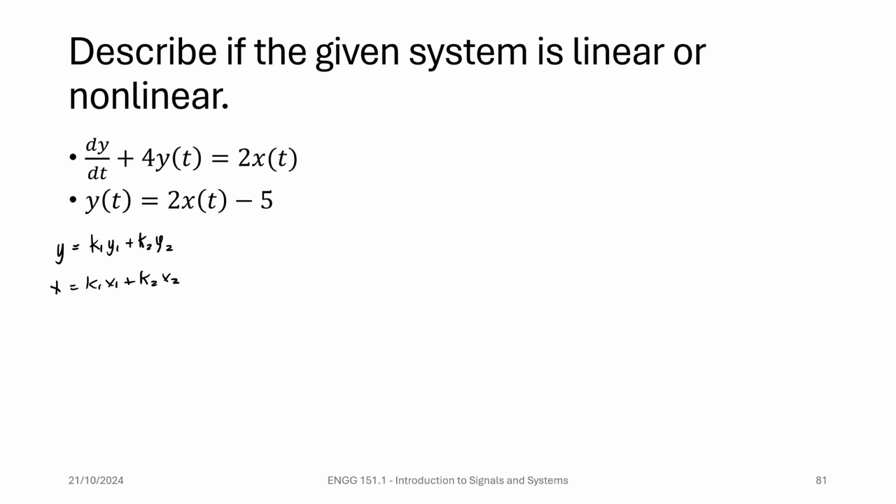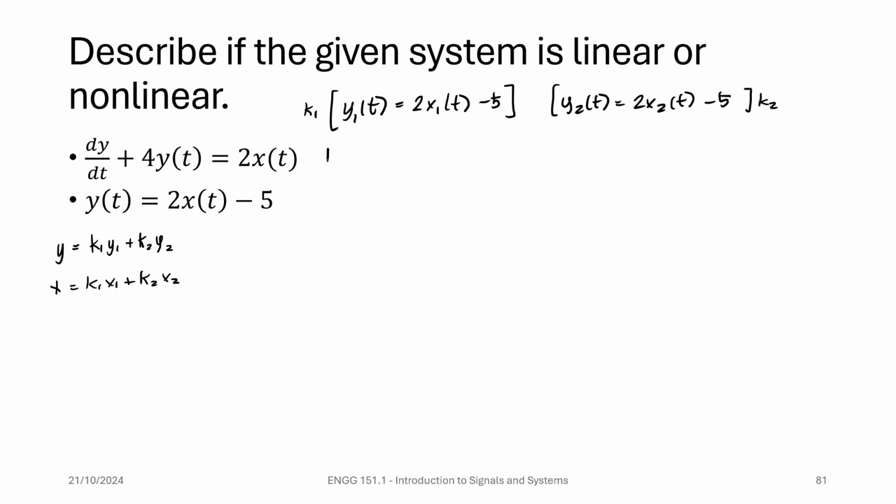Okay, now let's substitute y of t and x of t with y1 and y2 respectively. So we have here y1 of t is equal to 2x1 of t minus 5. Then we have y2 of t is equal to 2x2 of t minus 5. Now, let's multiply k1 here and k2 dito sa kabila.